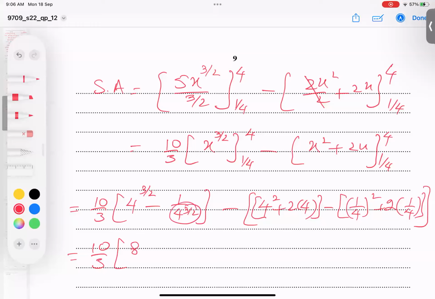And what is this one? It is 1 over 8. And what is this one? 16 plus 8. What about this? 1 over 16, and this is 1 over 2.